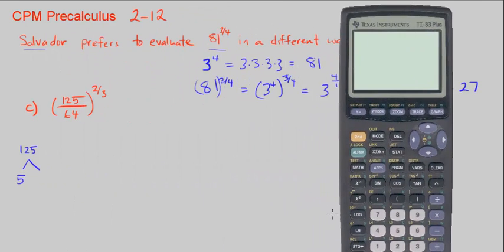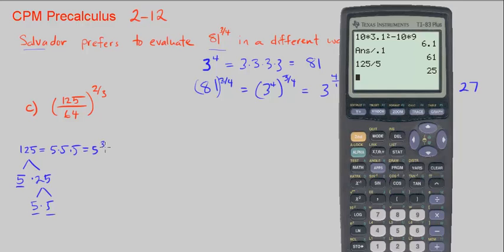Okay, 125 divided by 5. So that's equal to 5 times 25, right? And I know 25 is just 5 times 5. Therefore, 125 is equal to 5 times 5 times 5, all three of these, or 5 cubed.